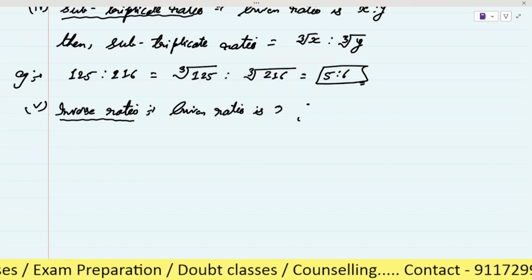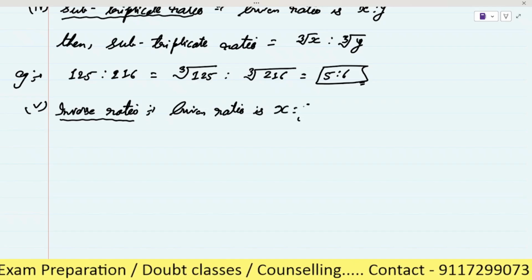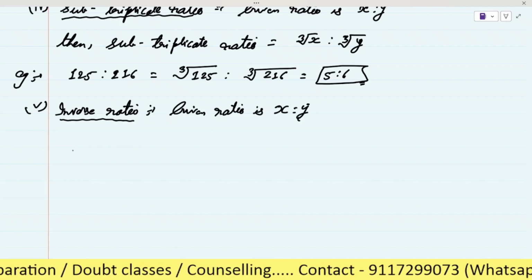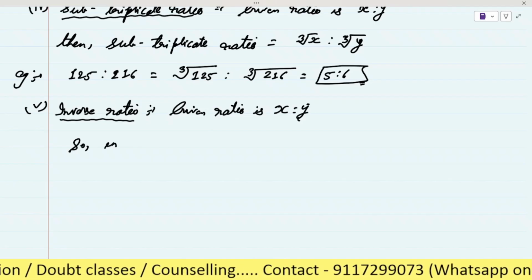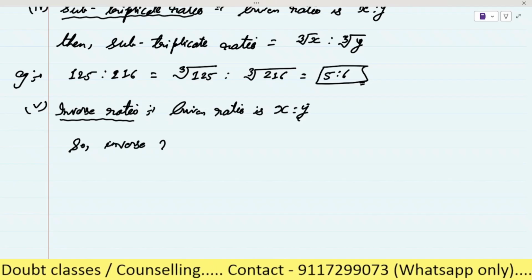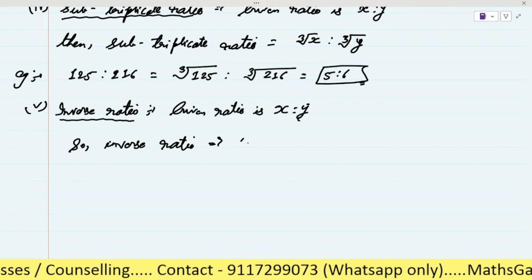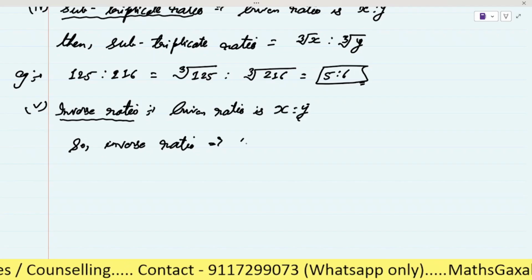The given ratio is x is to y. So what will be the inverse ratio? Can you please tell me?